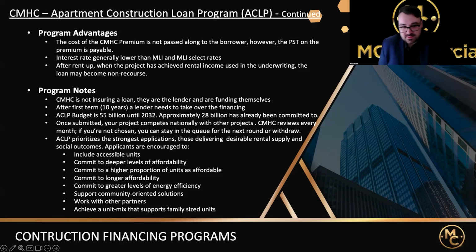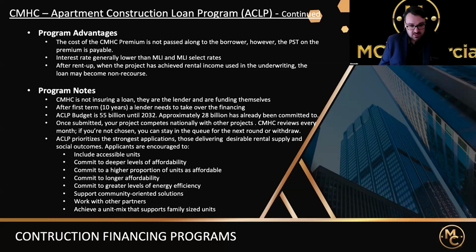And to finish up on this, some notes: like I mentioned, CMHC is not insuring this loan. They are lending directly, which is why we have some cheaper funds. However, because of this, it's a very competitive program, right? Once you submit your deal, you become in competition with every other deal submitted across the country. And CMHC is going to pick the best deals every month.